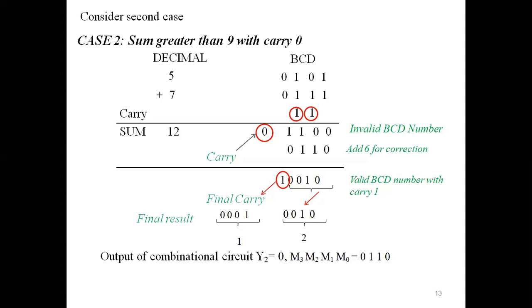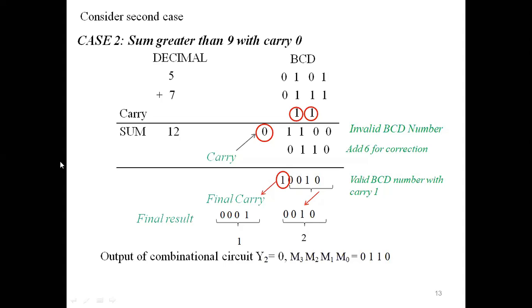So here 5 is 0 1 0 1 and 7 is 0 1 1 1. Add these two numbers, that is 1 1 0 0. But this is not a correct BCD number. Why? Because for 12 the correct BCD number is 0 0 0 1 and 0 0 1 0.